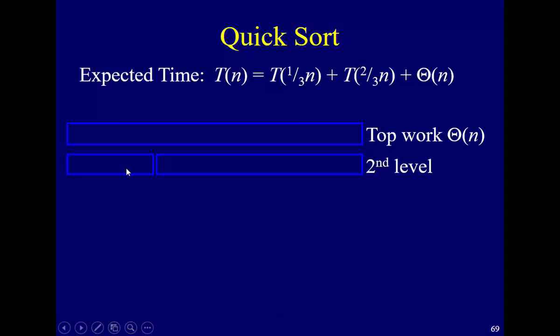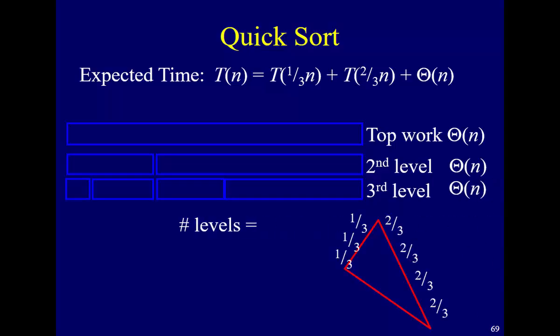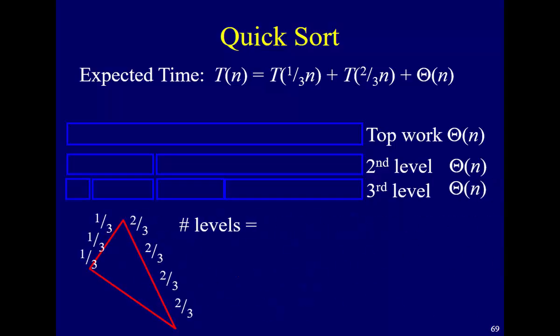Because the work this guy is going to do is proportional to his input, and the work this guy does is proportional to his input, and their sum is still going to be n, right? So it doesn't matter where you split it, it's going to be n. And so every level, no matter where we split, is going to be n, right? Now the question is, how many levels will there be, right?